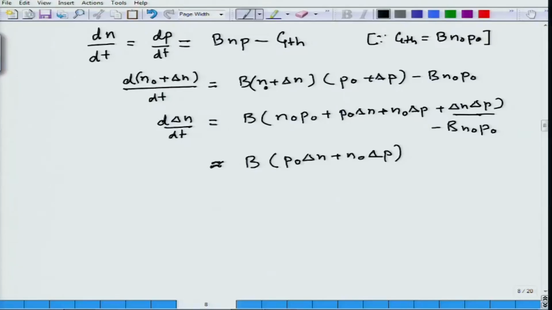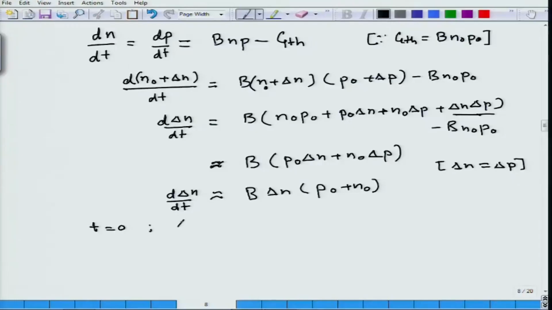And since we have optical excitation and then recombination, we know that delta n at any time is equal to delta P. I can write this as B delta n times (P naught plus n naught). Now this is a familiar equation. This is a first order differential equation, which has a very well known solution, and we know that at t equal to 0, delta n is equal to delta n naught.